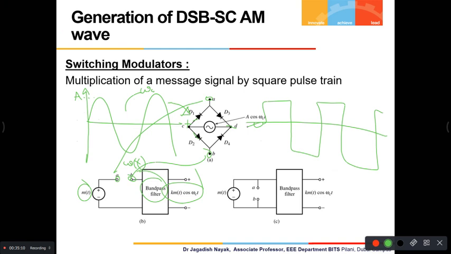Just scale it, right? This will go and sit here. You will get a pulse train, and you have the Fourier series representation of the pulse train. So that is getting multiplied here, and then pass it through a band pass filter. Definitely, you will get only the term k into m of t cos omega ct. The remaining part of this we will do in the next class. Fine, okay.